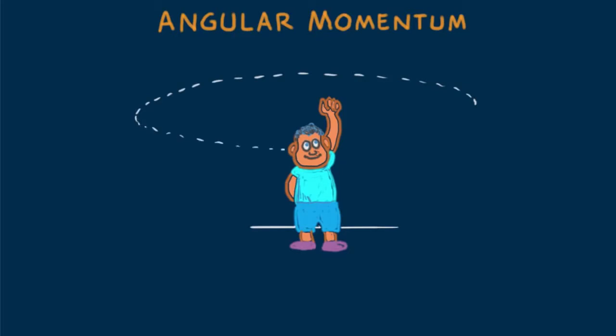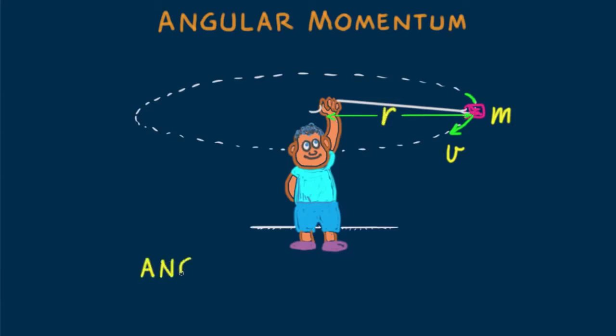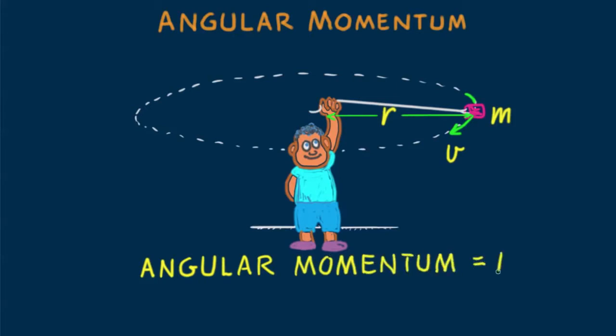We see Phil Physiker whirling a tin can in an overhead circle. The can has momentum, its mass multiplied by its speed. Looking further, we see the can also has angular momentum. In the simplest sense, we define angular momentum as the linear momentum multiplied by a radial distance.